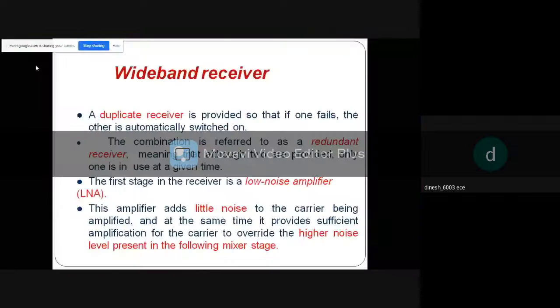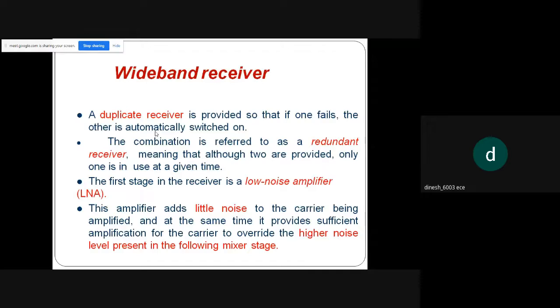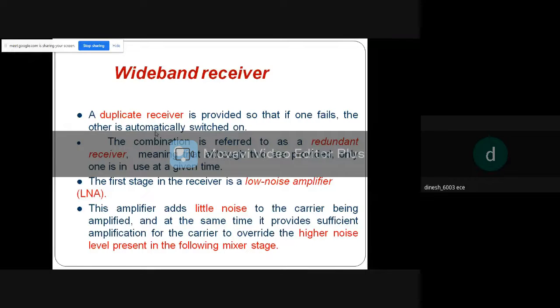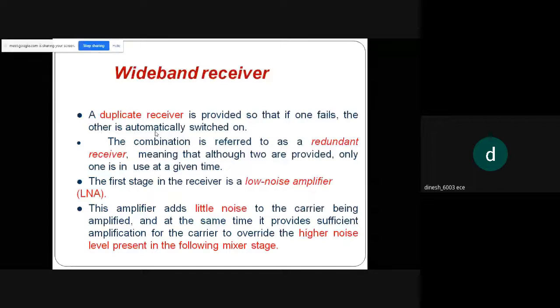The wideband receiver. Always we have a duplicate receiver being provided. Why? Because if one receiver fails, instead of going there and repairing it, the other will automatically switch on.